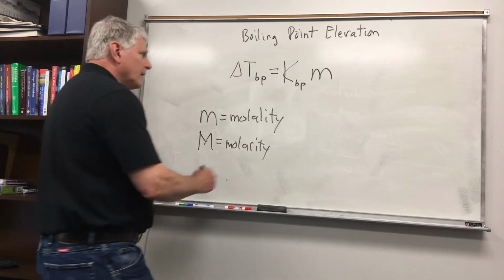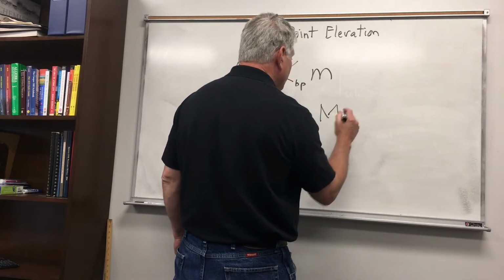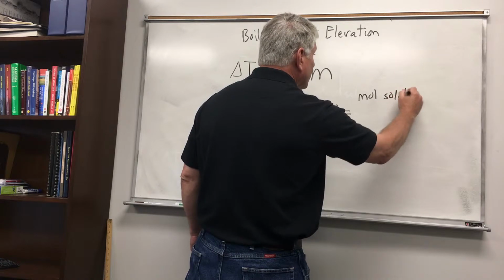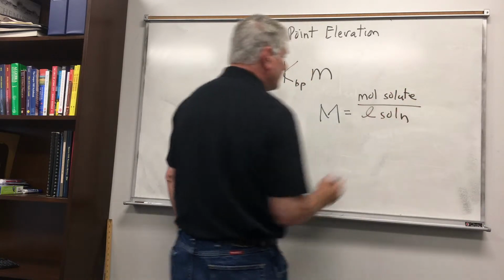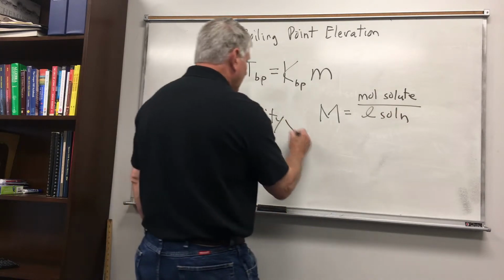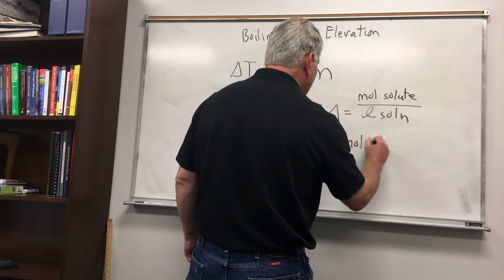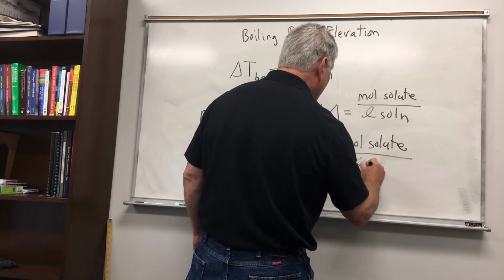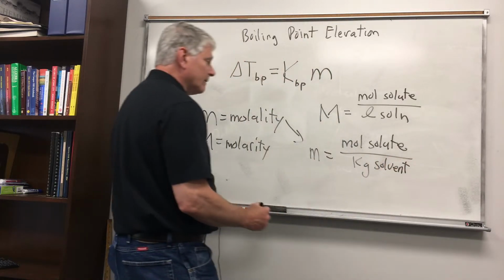And you remember that the molarity is equal to the moles of the solute over the volume of the entire solution. However, the molality is equal to the moles of the solute divided by the mass of the solvent in kilograms.